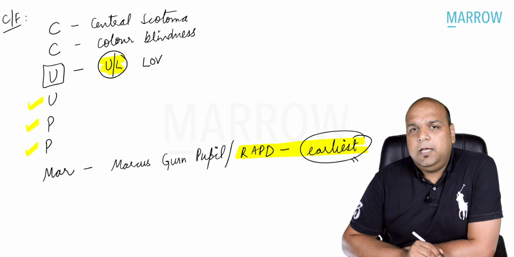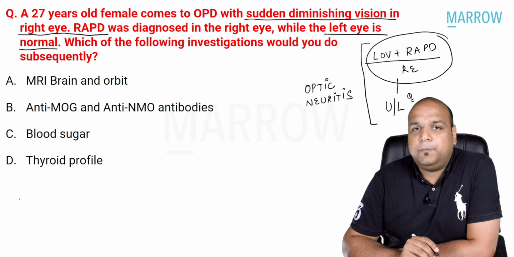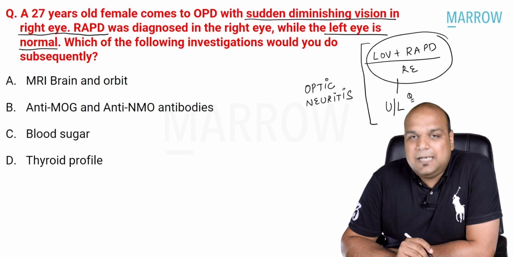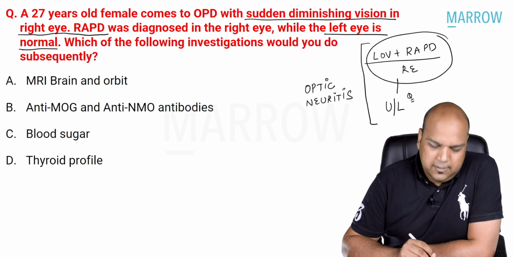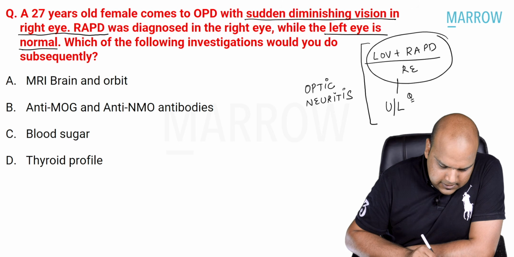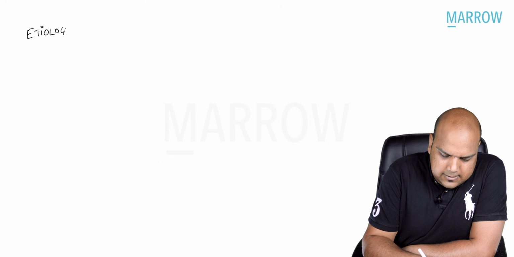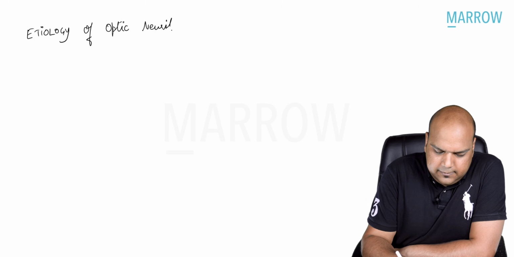Okay. Now, if we know this, our diagnosis was pretty simple in this question. I hope the diagnosis was optic neuritis. So now this is essentially a question on which investigations are being done to diagnose a case of optic neuritis. So that means we have to go to the etiology. When we see the etiology of optic neuritis, what do we know about that?